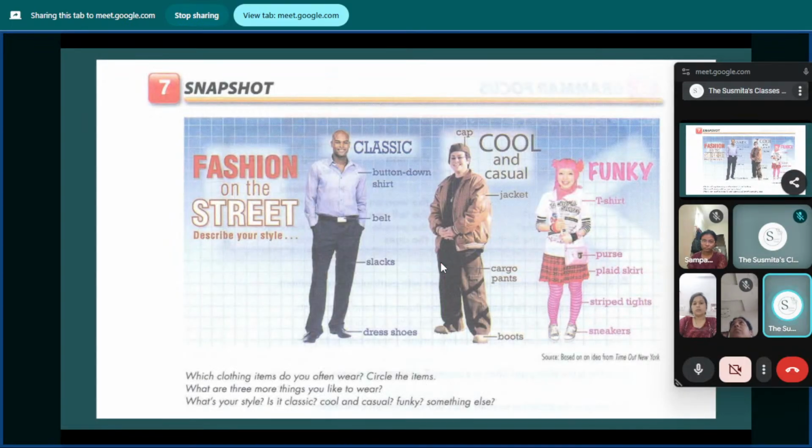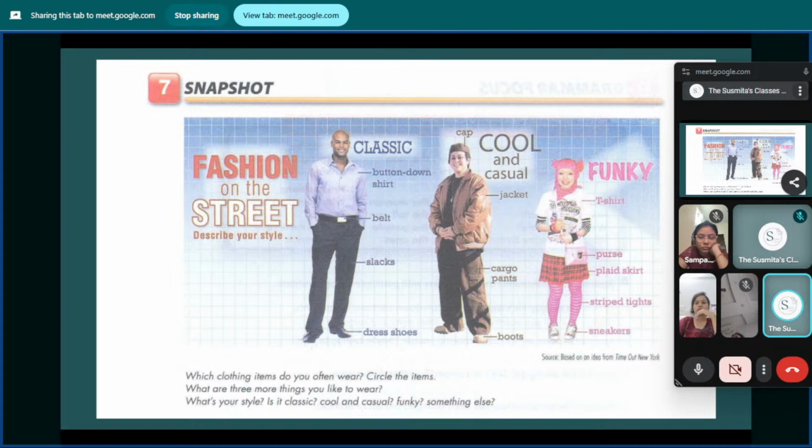Next, over here we have a snapshot part. In the snapshot part you have different vocabulary for the classic look, for the cool and casual look, and for the funky look. For the classic look, usually we call it formals in India. The person is wearing a button down shirt, a belt, slacks, which is also called pants or trousers, and dress shoes, what we call formal shoes.